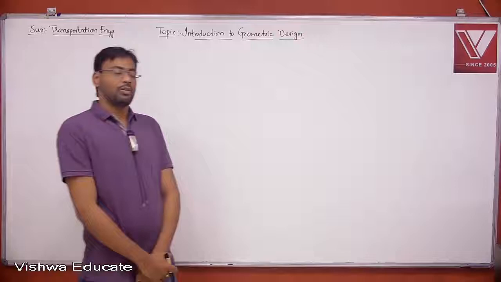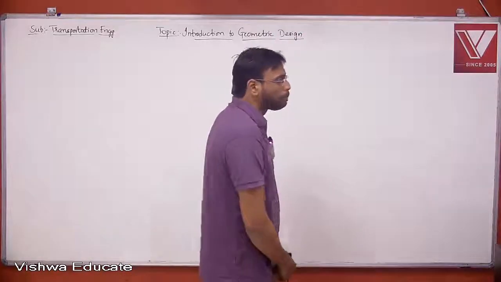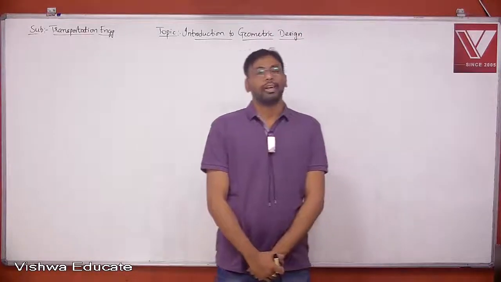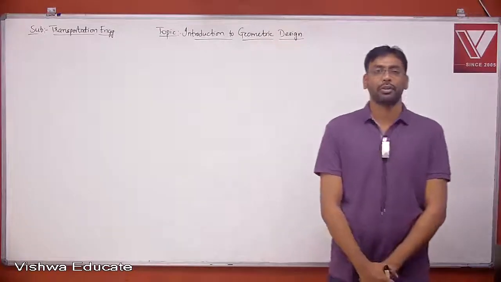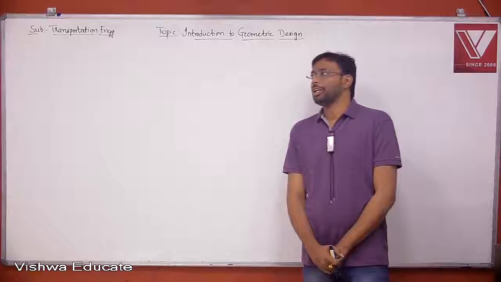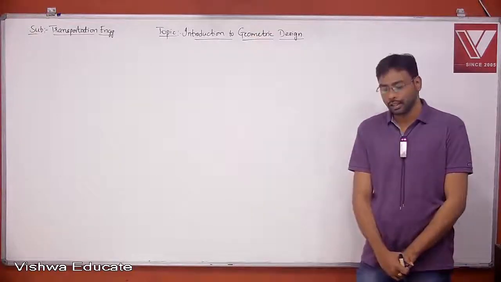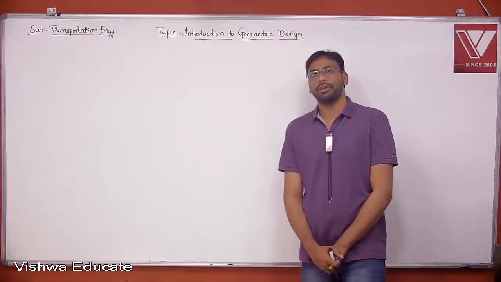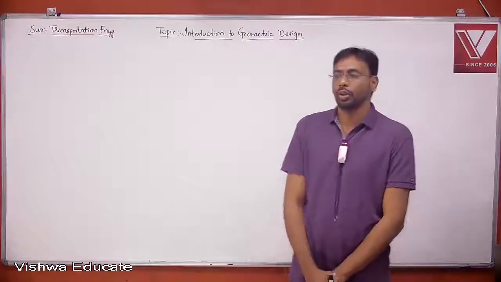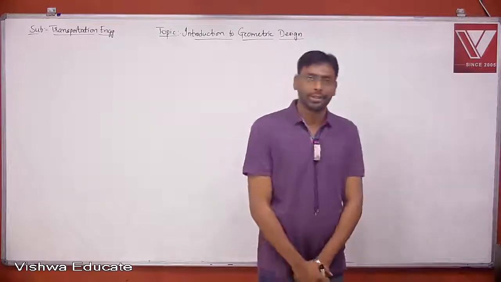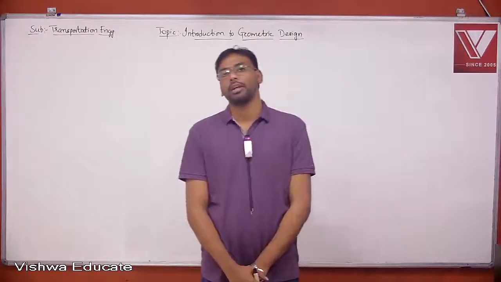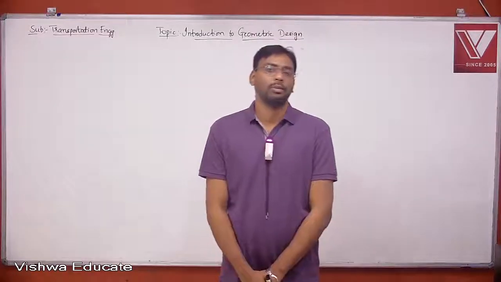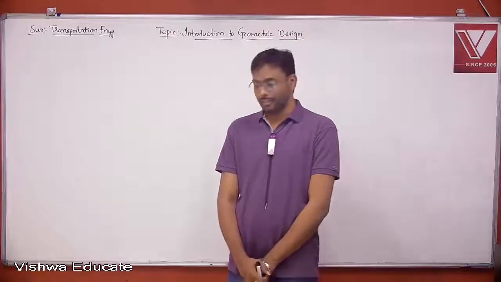So in the last session we talked about the highway alignment. Highway alignment is nothing but marking the center line of the road, and in order to finalize the alignment, we need to carry out different engineering surveys which we have seen already, like map study, reconnaissance, preliminary survey, final and detailed survey.